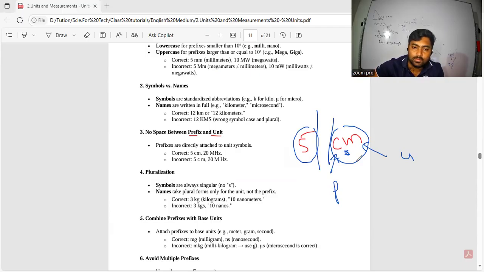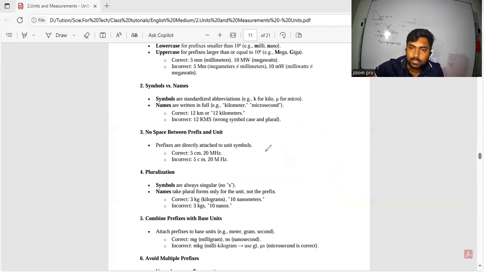Understood? That is a very important thing, because this kind of question can be checked in the MCQ paper.